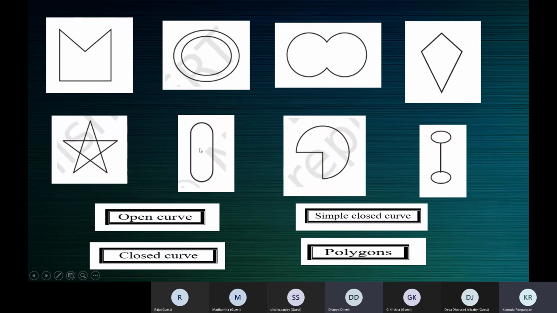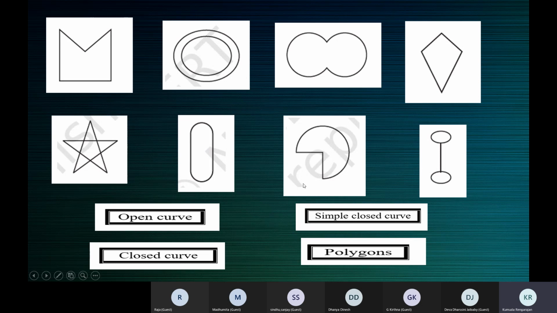It has line segments, but it is not made up of only line segments. These portions are line segments, but you can see this one is not a line segment. It should be made up of only line segments, but this is not. So it is a simple closed curve, but not a polygon.